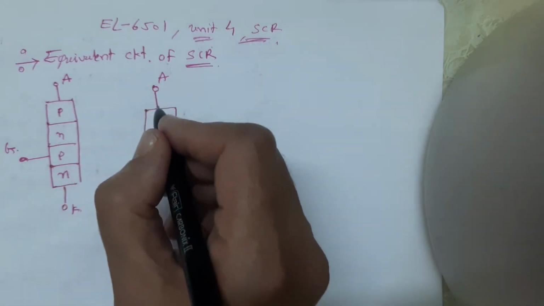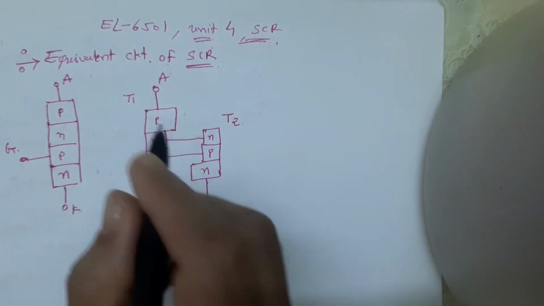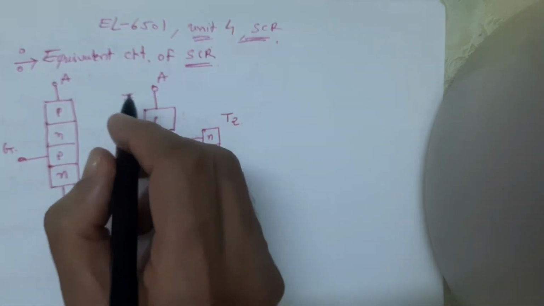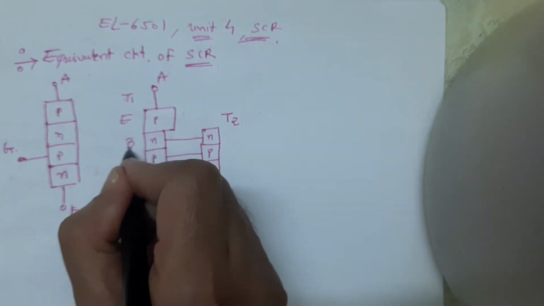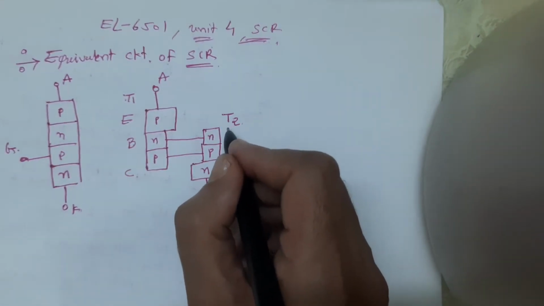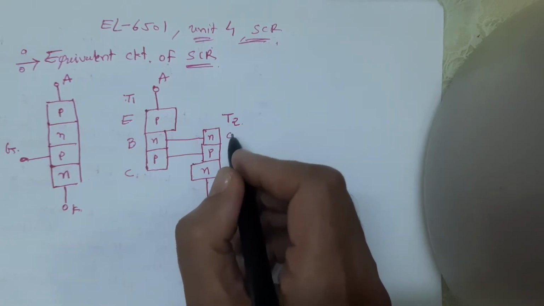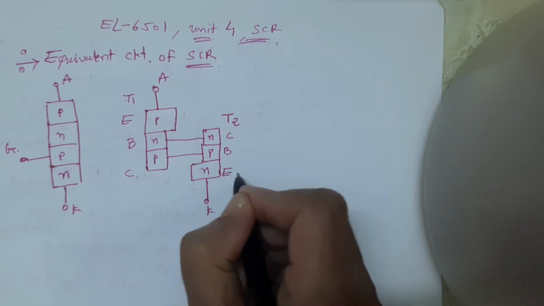So this is your transistor 1, this is your transistor 2. In this first transistor, this is your emitter, this is your base, and this is your collector. Here, the second transistor, this is your collector, this is your base, and this is your emitter, right?